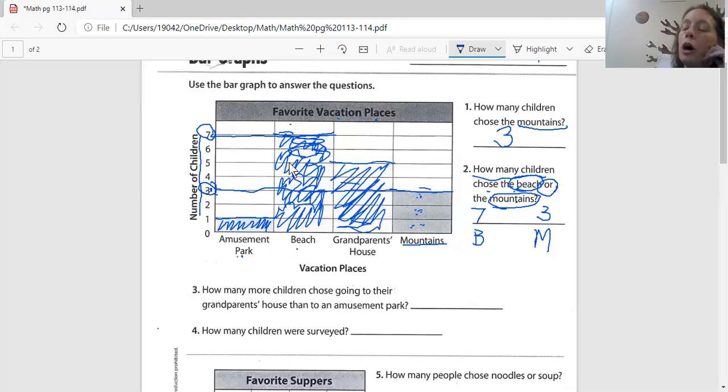But if I want to know how many were chosen altogether, which is what it's asking me, it's not asking me beach, it's not asking me mountains, it's asking me for either one of those. I need to do something to get an answer that tells me how many there are in all. And if you remember over on our chart on the wall, in all or total is one thing that indicates that we're going to add.